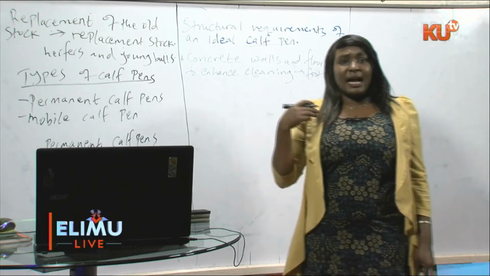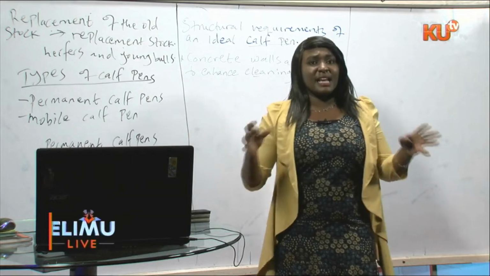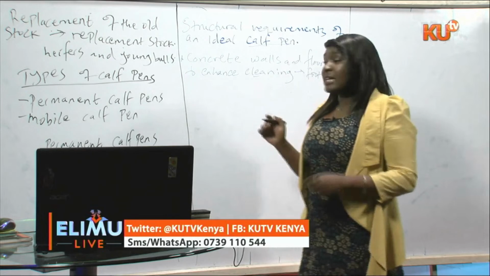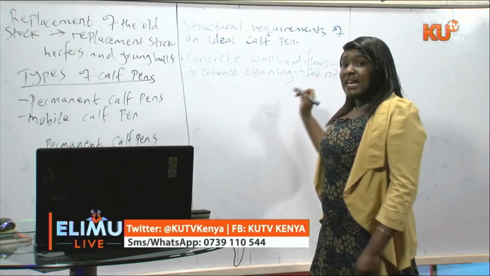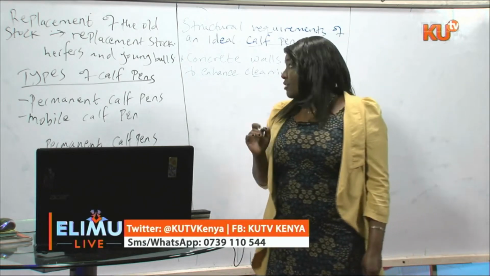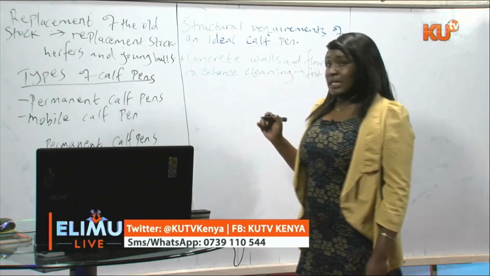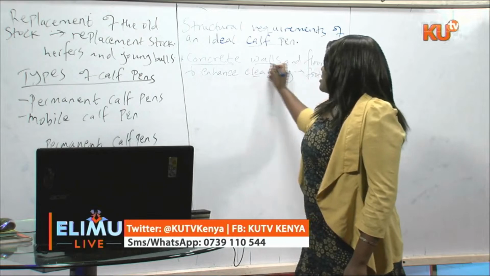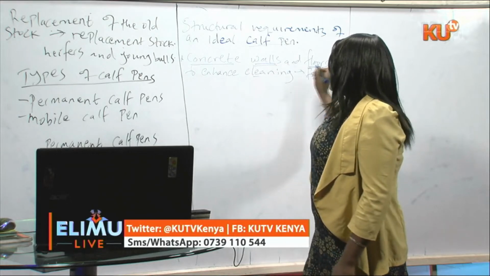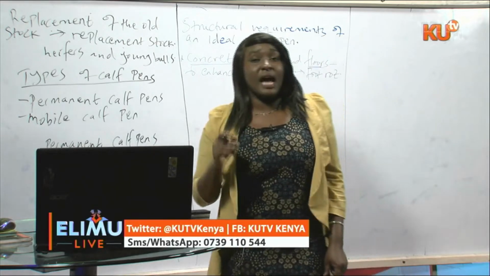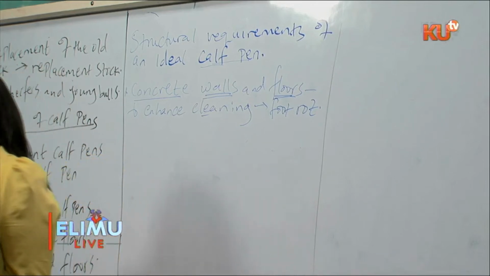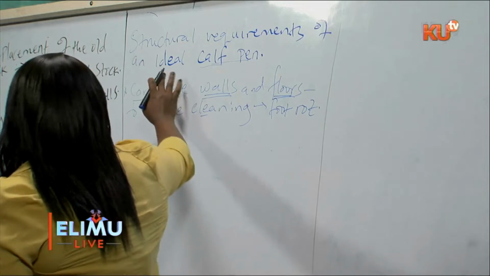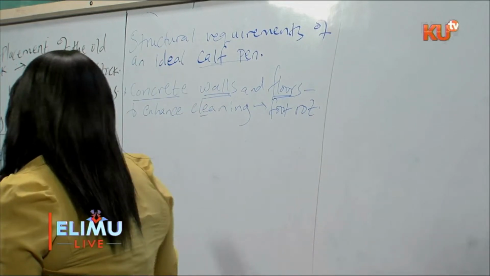Foot rot can be brought about by areas that are not clean. When there is accumulated dung and urine in the calf pen, that can lead to foot rot, according to the Form 3 syllabus that we did. Now, that is the first thing: concrete walls. Ensure, if you can, the walls are concrete and the floors are concrete. So that is the first requirement.